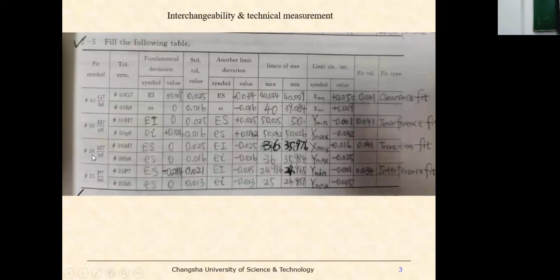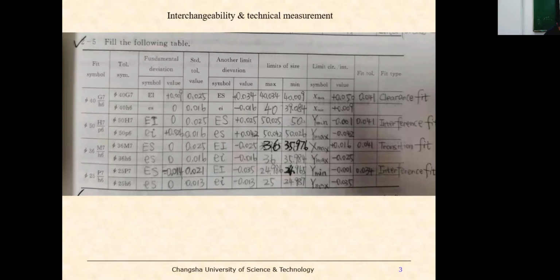For example, the 14. For this first one, right? Yes, Laoshi. This is 514, right? So you can find G7. You can check page 28 for the hole. This is the G, right?